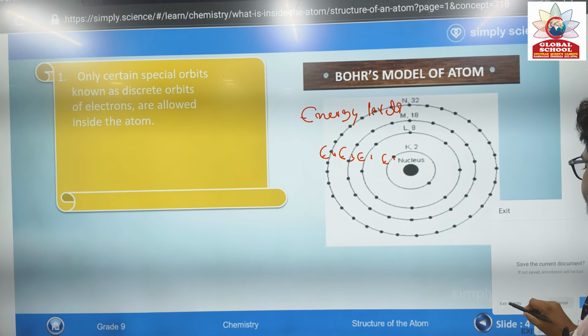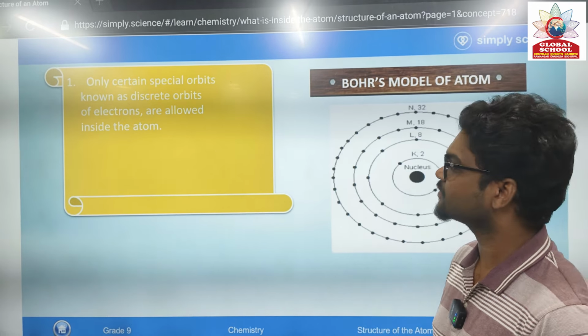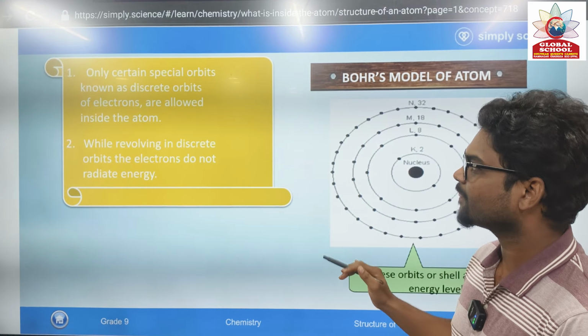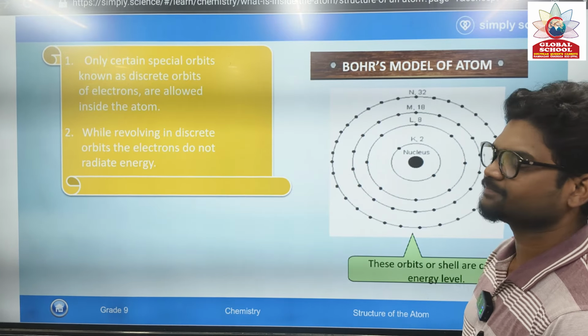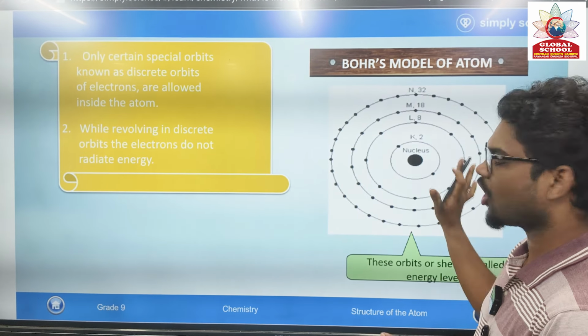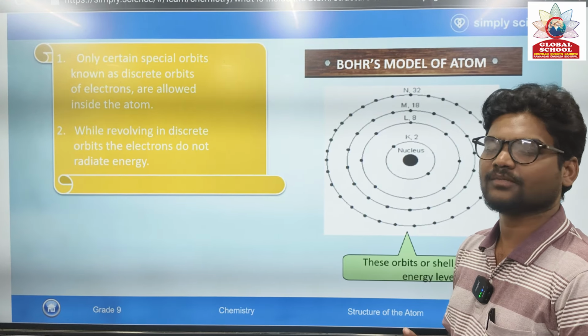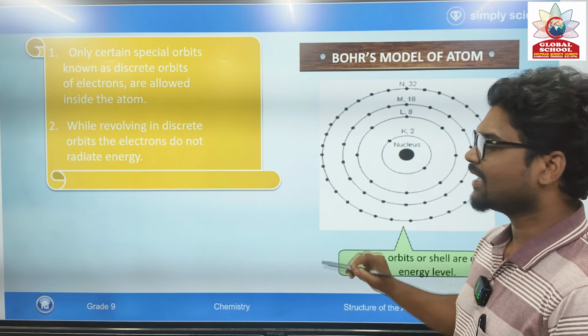Now the second postulate: while revolving in discrete orbits, the electrons do not radiate energy.